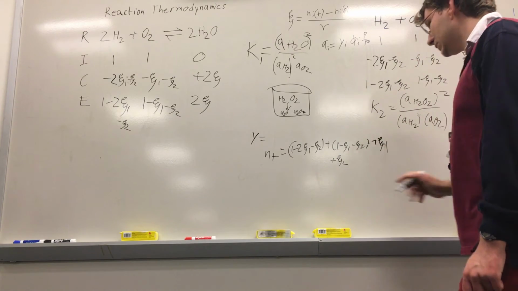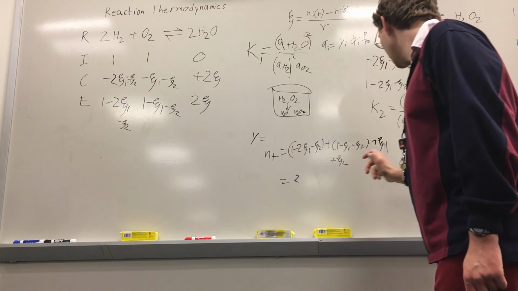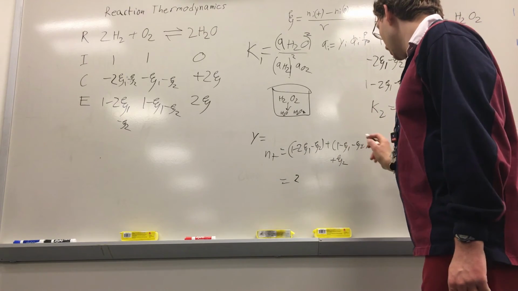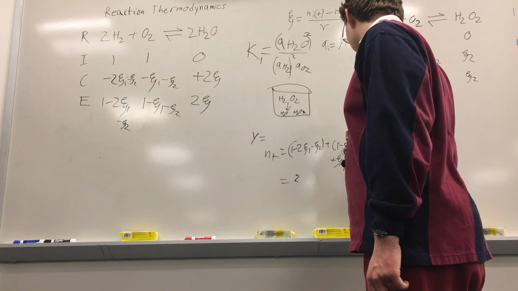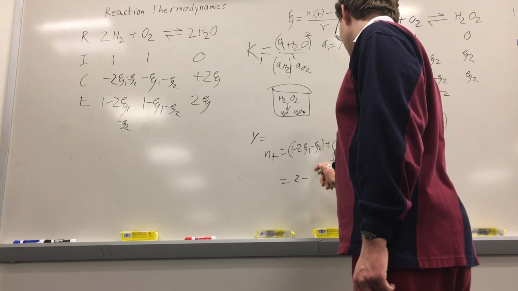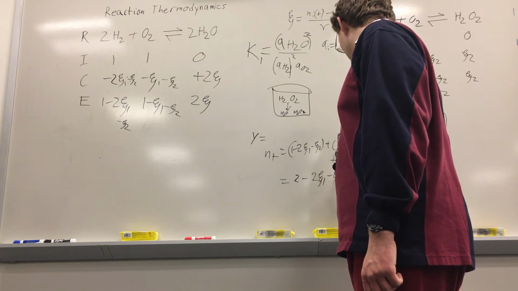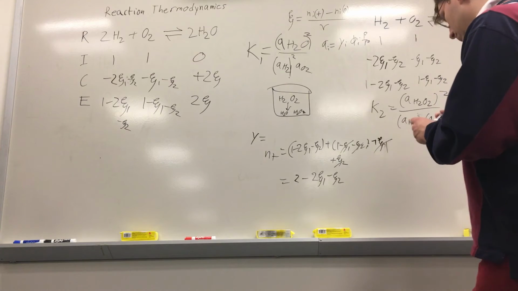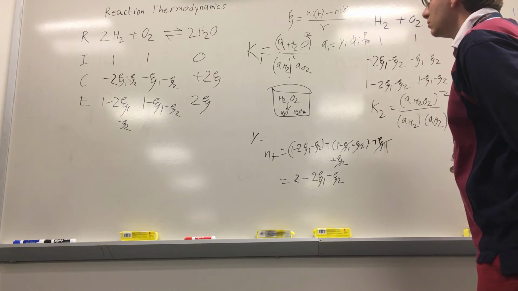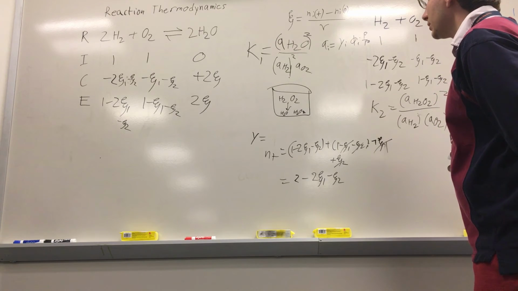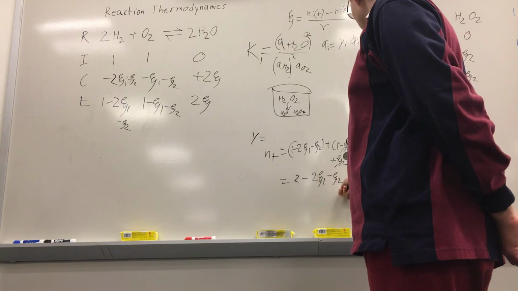Okay. And so what you get is 1, 2. That cancels that. That cancels that. Minus 2. And so you get that your total moles, yeah, that's right, that makes sense, it decreases by, oh boy, that.